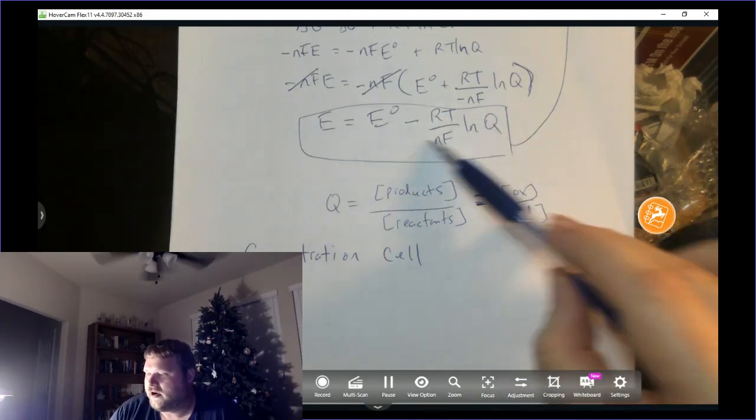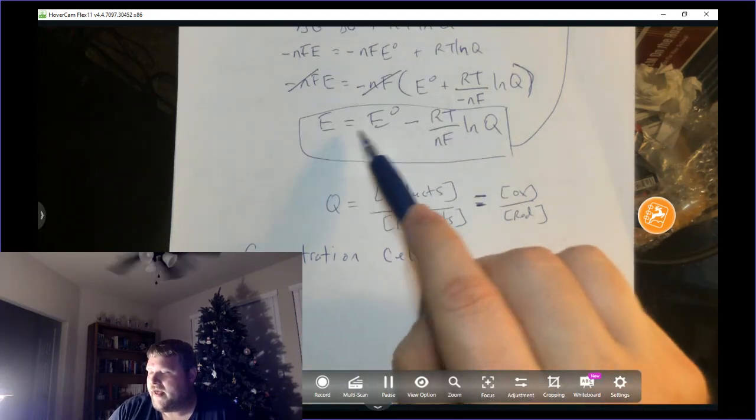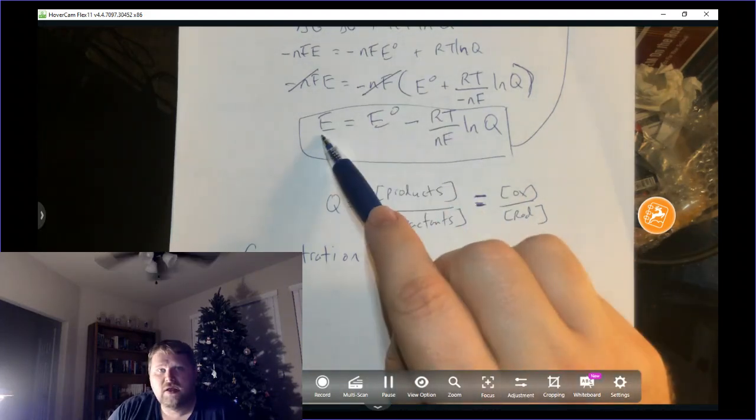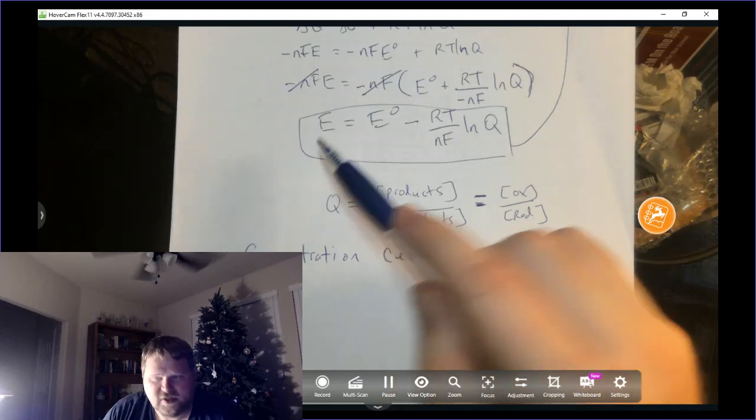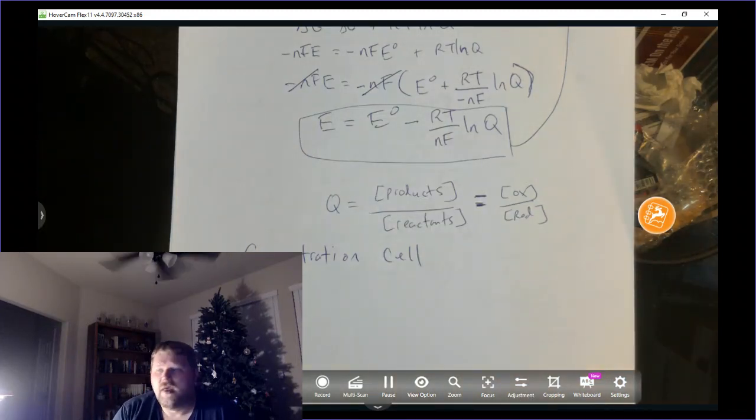So this whole term zeroes out, and that's when our potential equals E standard. That's what we were doing at the beginning of this unit, the last few weeks of practice, cathode minus anode.